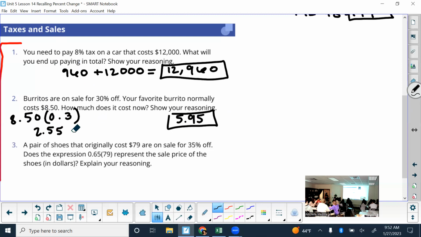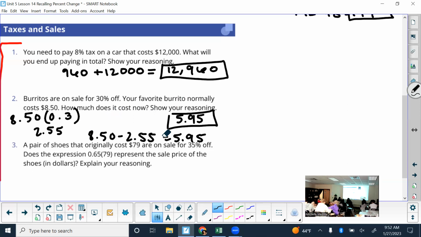And then the way I figure out my cost now is to do what? Would a discount add to the cost or decrease from the cost? So then it should be the original minus the discount. All right, and that's how we're getting the 5.95. Questions there?